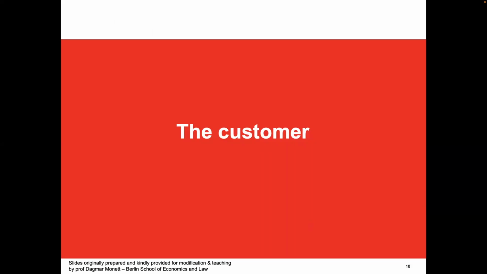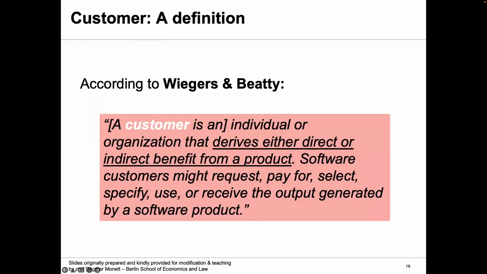The next slide is about the customers. Now, who are the customers? Basically, the people who are going to benefit from whatever product you're making for them. And as we just went over in the last slide, there can be a variety of these customers at every level. They can be at the internal level, the marketing people, the company's head, and then moving on to the direct or the indirect user customer.